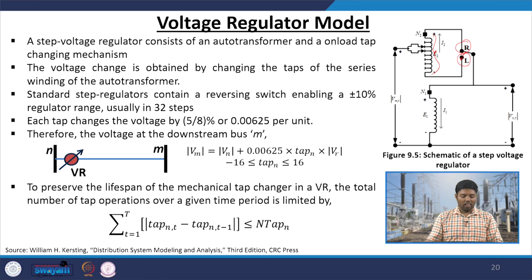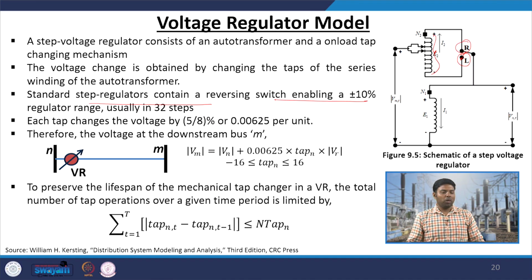How much? Generally, step voltage regulators are used to modulate your voltage level by plus minus 10%, that means 0.1 per unit. That means you can vary your voltage level from 0.9 per unit to 1.1 per unit, having 32 steps. Within that, 16 steps are used for lowering and 16 steps for raising.